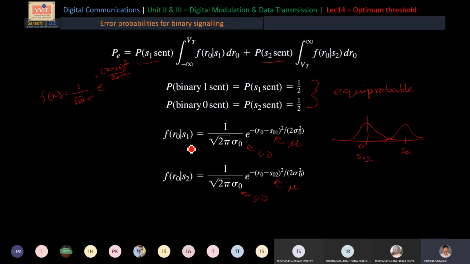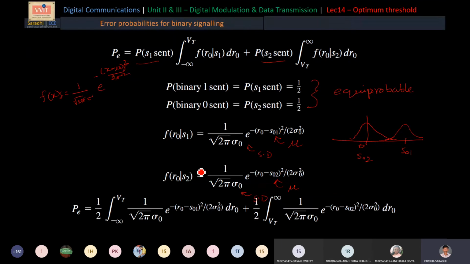Our PDFs are conditional PDFs. One is conditioned on S1, another one is conditioned on S2. So the two corresponding Gaussian PDFs are denoted like this, as both are having standard deviation equal to sigma naught. Here we are getting sigma naught square, and the mean value of the first Gaussian is S01, and the mean value of the second Gaussian is S02. The expressions are like this.